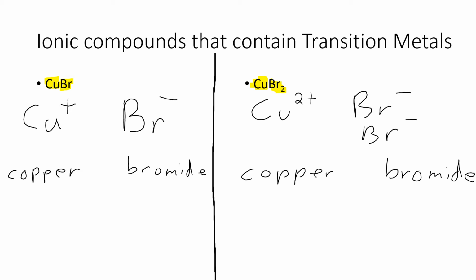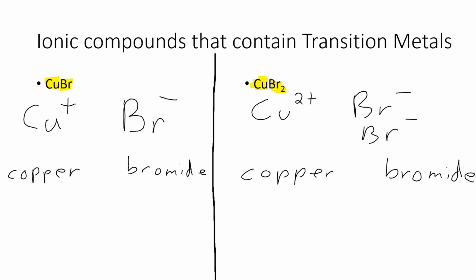These compounds are very different. They have different physical properties, things like color, melting point. They have different chemical properties, how they're going to react. Even though they're both made up of copper and bromine, they are very different compounds. We need to have a way to distinguish one from the other.